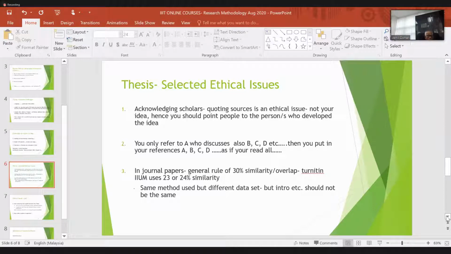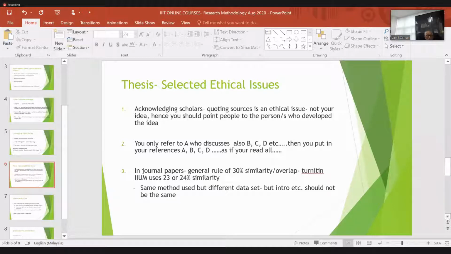But I think as academics, as people who are involved in knowledge, we have to look at this issue of quoting sources and quoting the scholars that you are utilizing as an ethical issue, all right? Because certain ideas may not be yours.